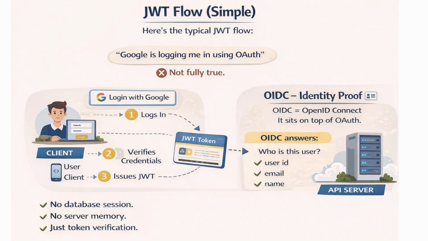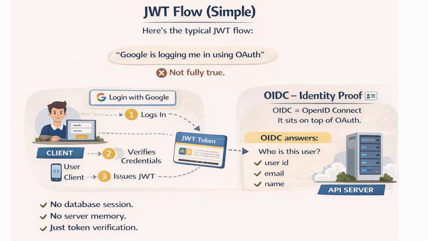Now let me explain the JWT flow. First of all, the user logs in, and the server will verify the credentials. If the credentials are okay, the server will issue a JWT token. Then the token is sent to the client, and the client will store the token somewhere, in local storage or a cookie, wherever they want, and then the client will send the JWT token with every request.